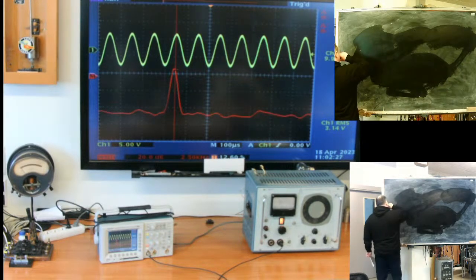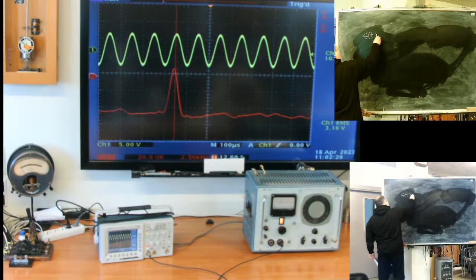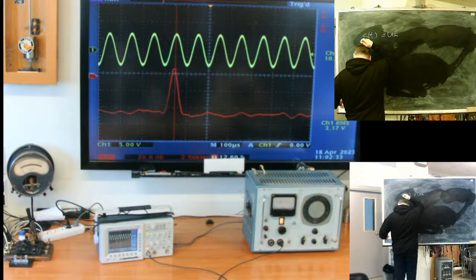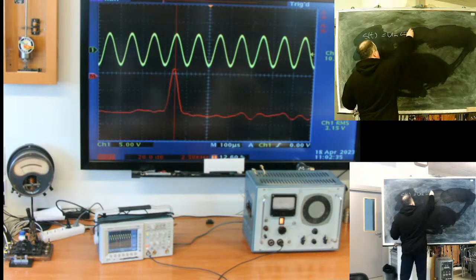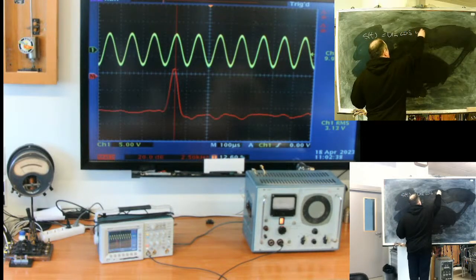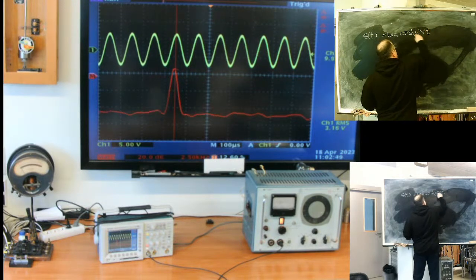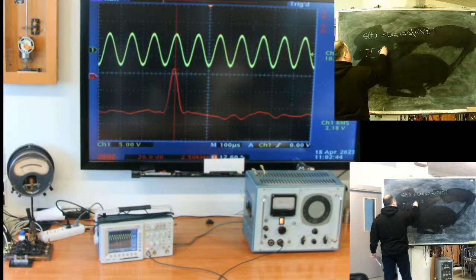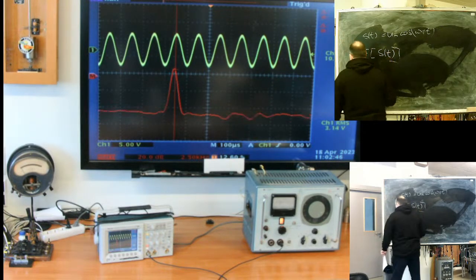We have a signal, let's say cosine of omega 0 time. What should be the result of the Fourier transform of this signal? Any idea?